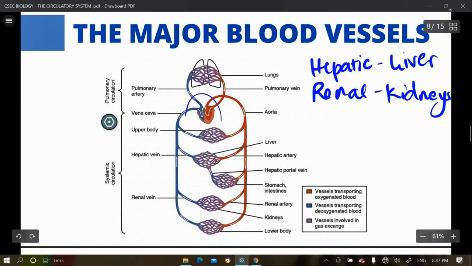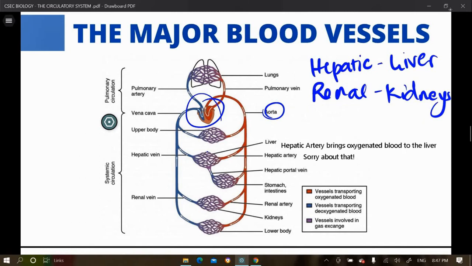Now, here we have the heart. And blood is brought from the heart through the largest artery. And what's that? I hope you said aorta. Yes. So from the aorta to different parts of the body. Now, you have the upper body, you have the lower body. Let's talk about the lower body first. In the lower body, you'll have the hepatic artery bringing oxygenated blood to the liver.